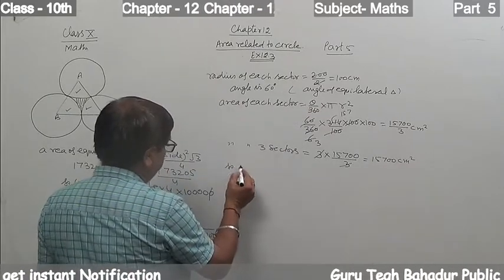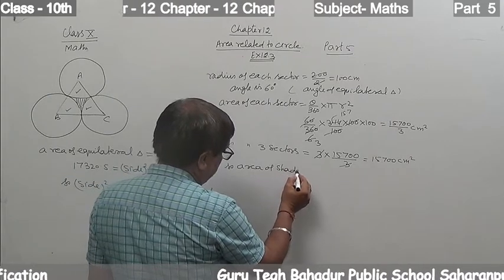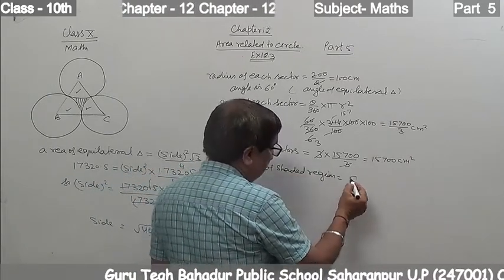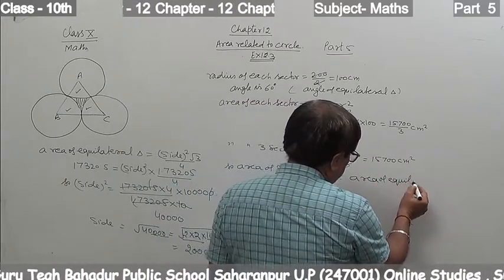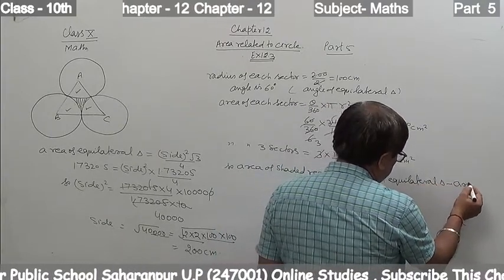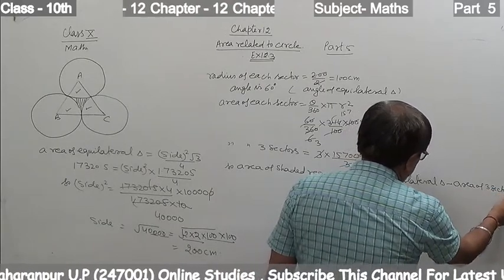So area of shaded region is area of equilateral triangle minus area of three sectors.